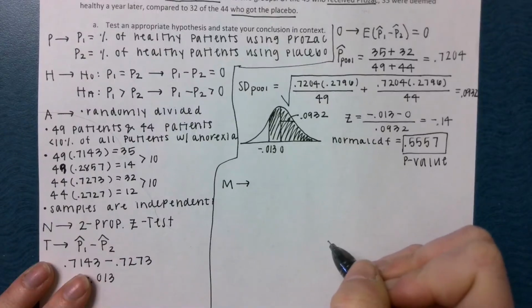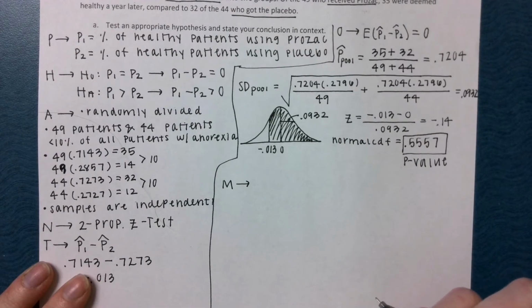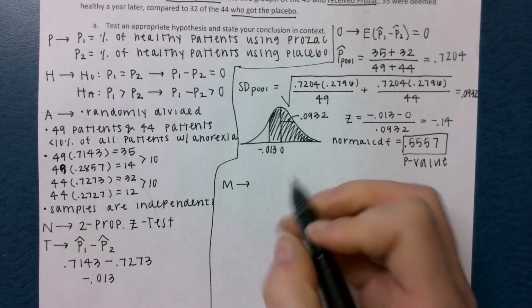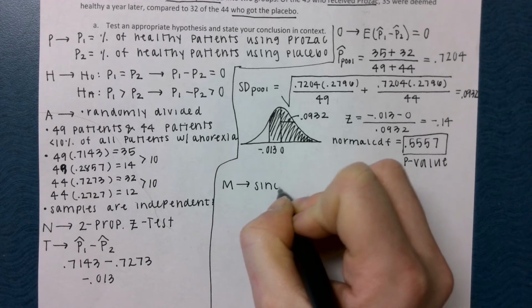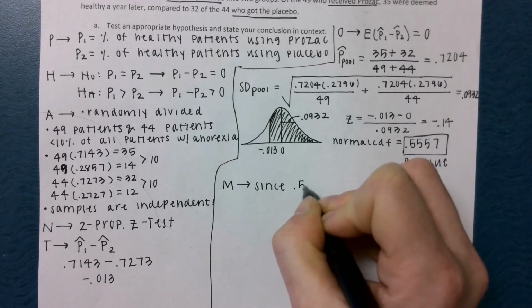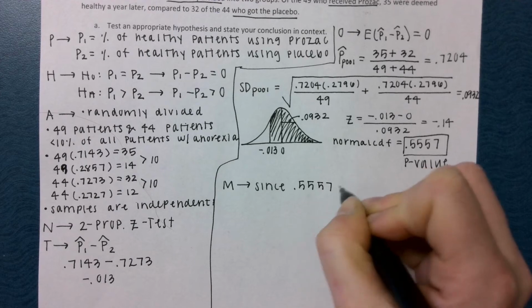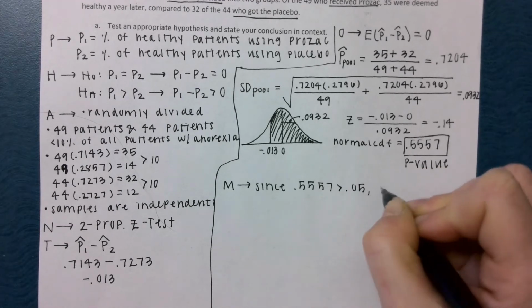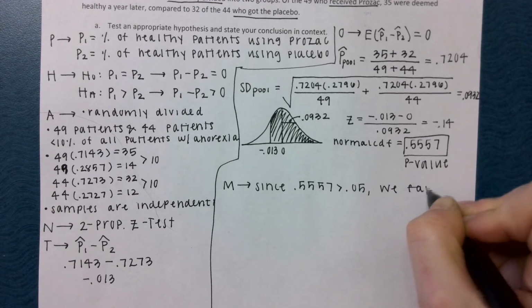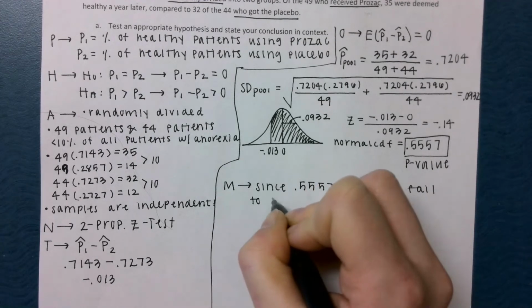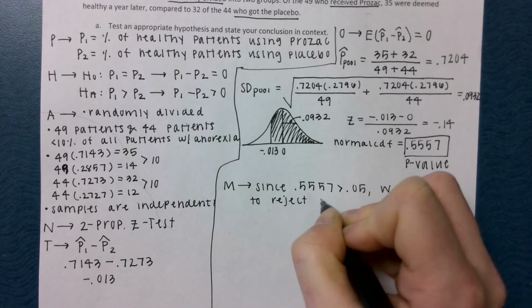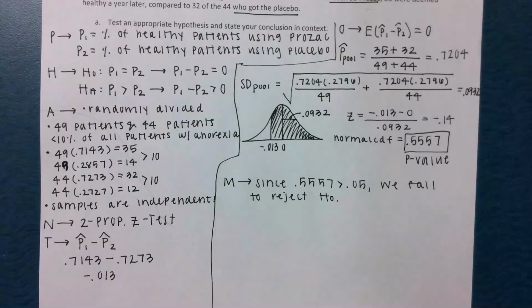Okay, since this p-value is greater than 0.05, we are going to fail to reject. So since 0.5557 is greater than 0.05, we fail to reject H0.